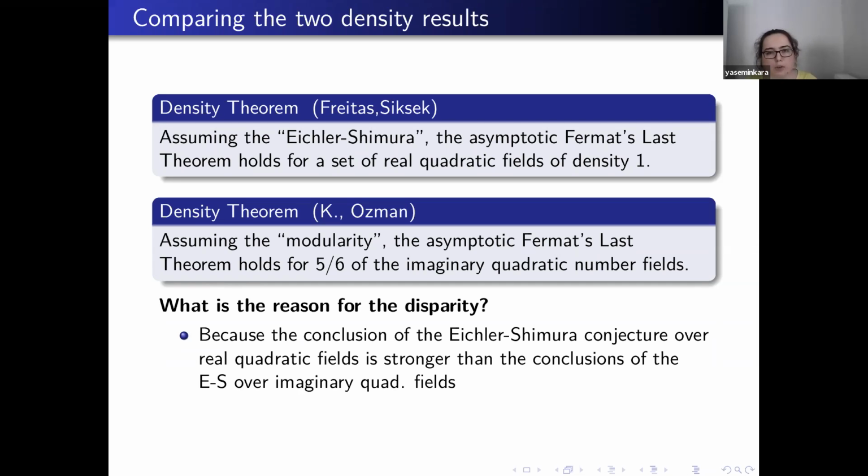In our case, when we assume the same conjecture, even a little bit more, it holds only for a set of imaginary quadratic number fields where the density is 5/6. The reason is that the conclusion of the Eichler-Shimura conjecture over real quadratic fields is stronger than over imaginary quadratic fields. What do I mean? I mean the following.